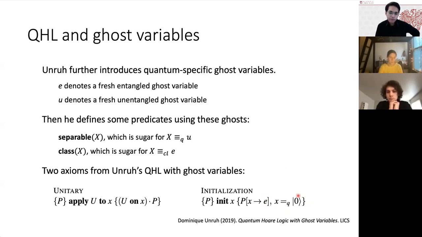But in terms of deciding separability, you would want to track separability through your program because you know what the qubit was initialized at, and maybe it's never entangled with anything. Then you want some decidable algorithm for determining separability once you already have a highly entangled state. Yeah, I would agree with that. Thanks, Robert. That makes a lot more sense.